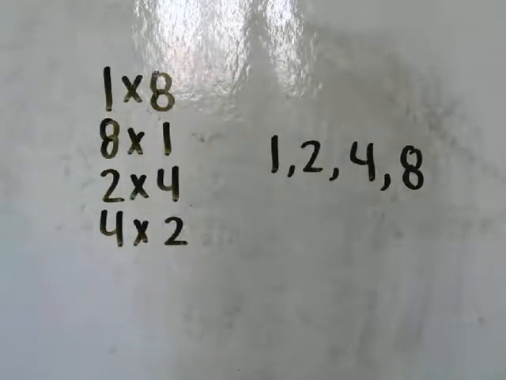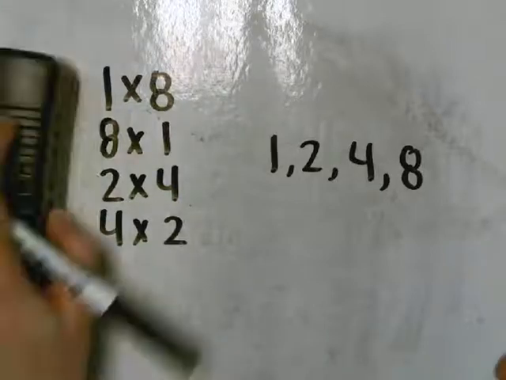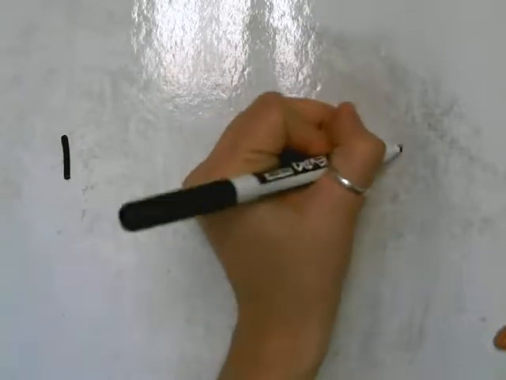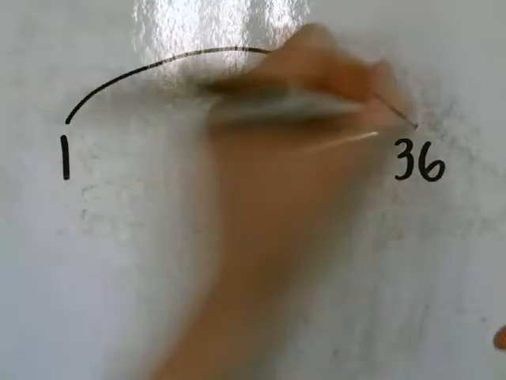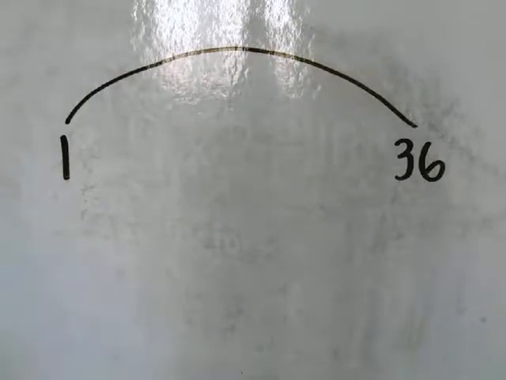When you are working with a larger number that you don't know all of the factors for, I'd recommend using the rainbow method. So let's try it for the number 36. To find all the factors for 36, you start with 1, and 36 will always be a factor. So 1 times 36 is 36. Let's try 2.